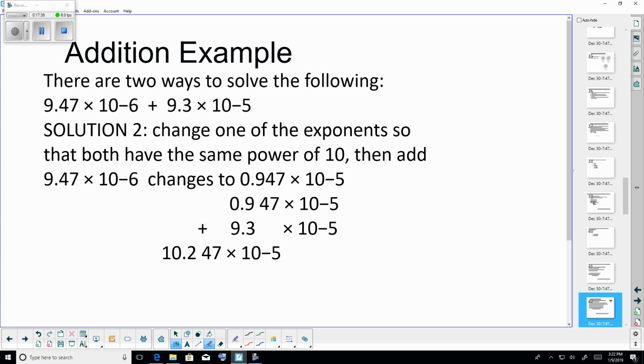So 9.47 times 10 to the minus 6 changes to 0.947 times 10 to the minus 5. If you make this number smaller, you have to make the exponent bigger. Okay? Now you can add these 2 together. The exponents really shouldn't be a problem with you. You do it on your calculator, it'll do it automatically.